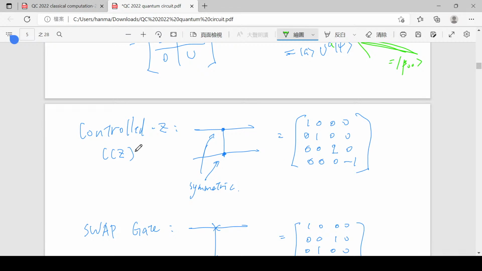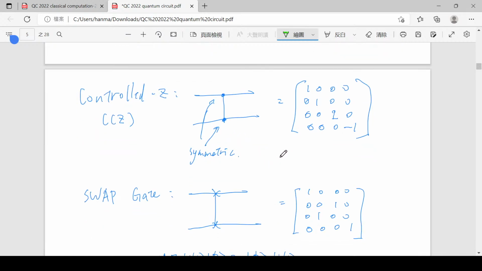So that's a very nice property of Control Z. It is symmetric in the first and second qubit. And once again, the symbol is written like this, with two control dots. That's Control Z.